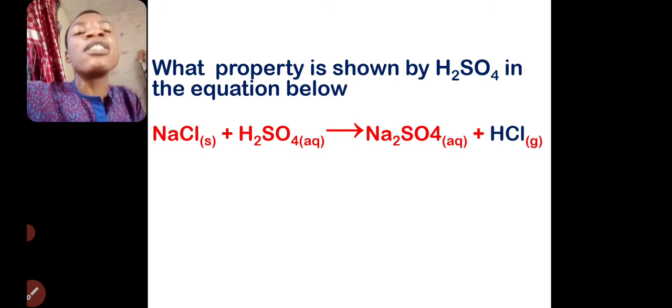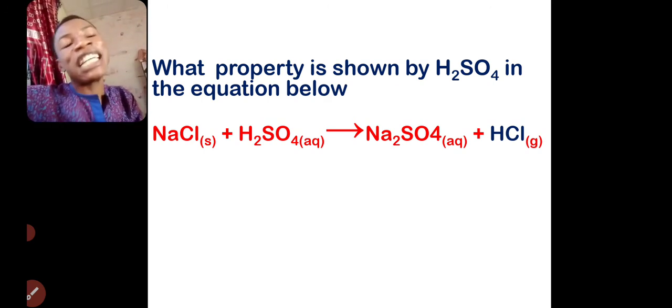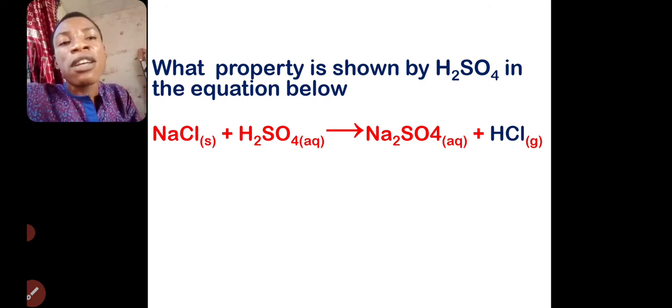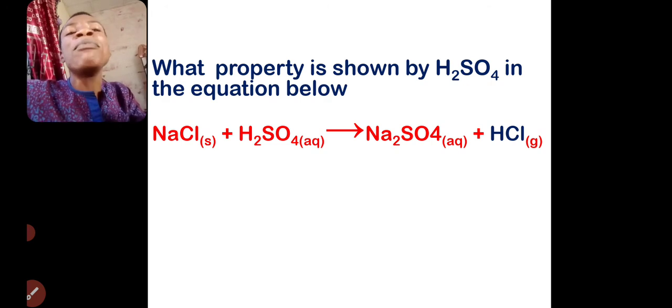So here, what property is shown by H2SO4 in the equation below? You see the equation NaCl with H2SO4 to give us Na2SO4 plus HCl. In this place, HCl is actually produced from NaCl by reacting with conc H2SO4. So that conc H2SO4, what is it behaving as?